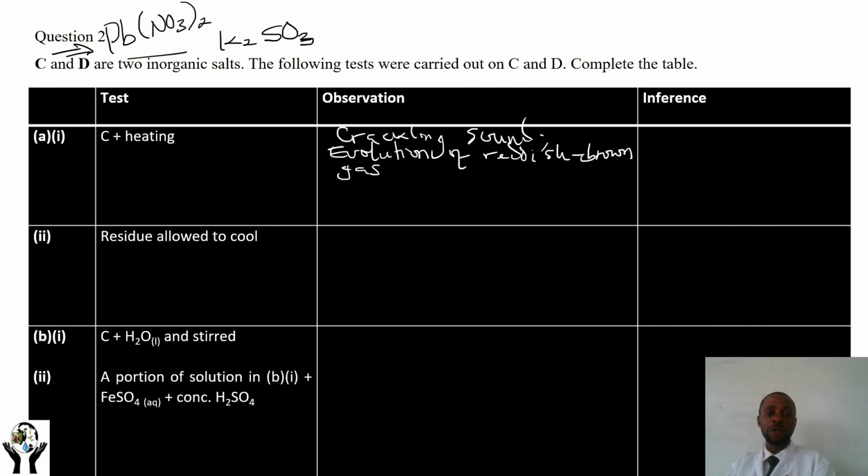If you have been asked to identify with litmus paper, that gas should turn a moist blue litmus paper to red. Then after that, you are going to have a brown residue, obtained when it's still hot.